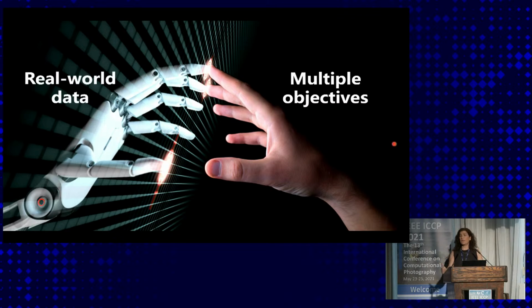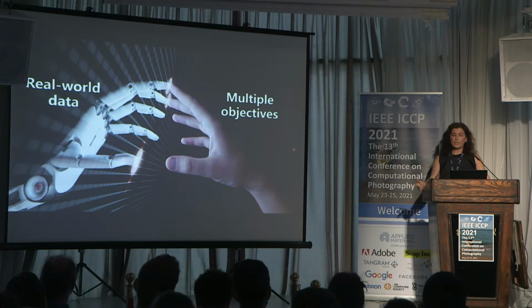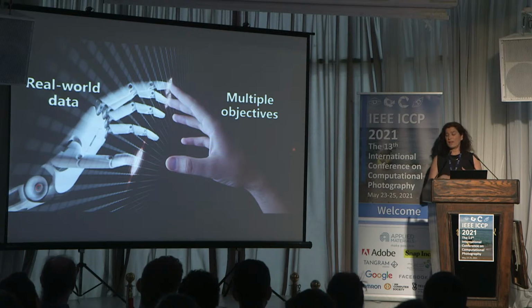One of them is that we're handling real-world data. And the other one is that we need to adhere to multiple objectives. What does that mean? I will give examples throughout the talk, but real-world data is going to be imbalanced. It's going to be noisy. I cannot control it. I might not have enough data for training.